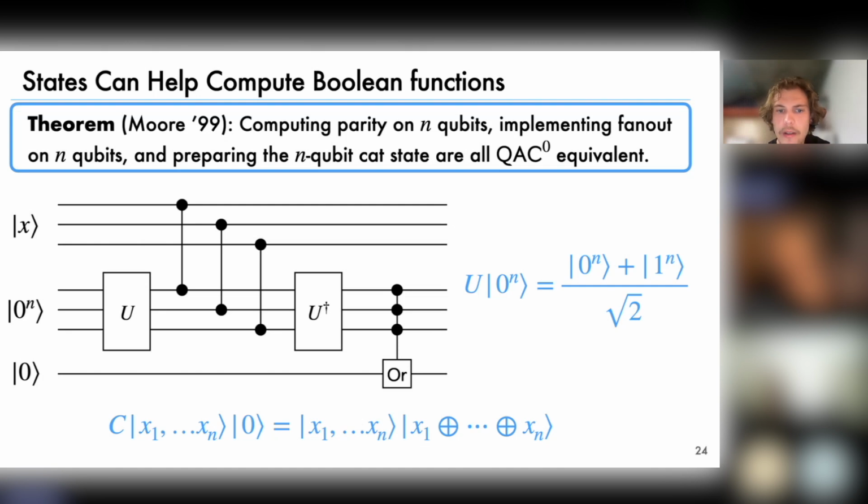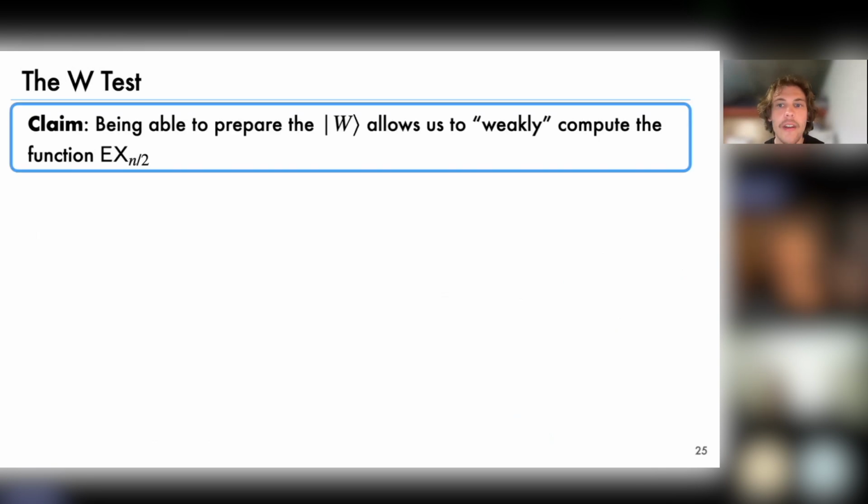What I'm instead going to claim is that if U prepares the W state instead of the cat state here, and we plug this in, then the resulting circuit is going to do something interesting. In particular, it's going to compute some Boolean function. This is what we call the W test. The claim is that being able to prepare the W state allows us to, in some sense, weakly compute this exact n/2 function from earlier.